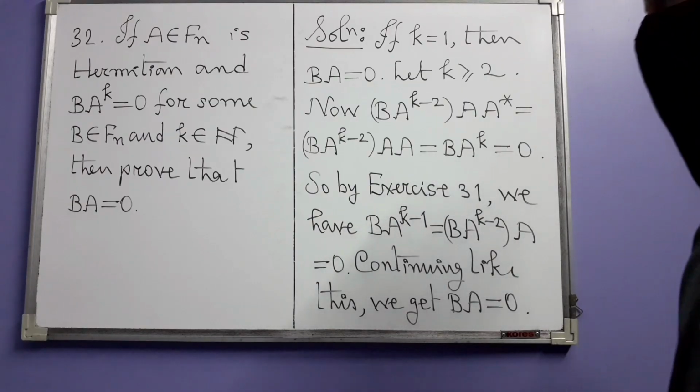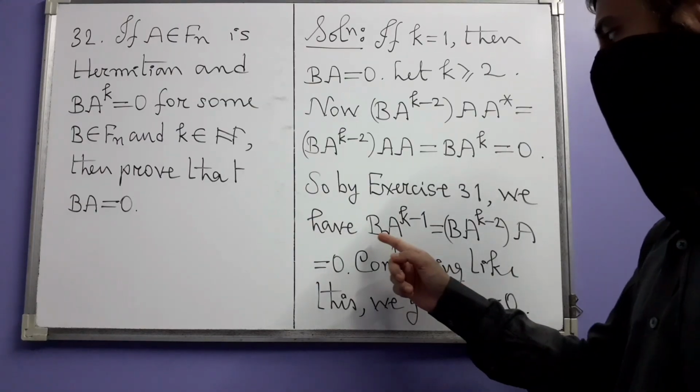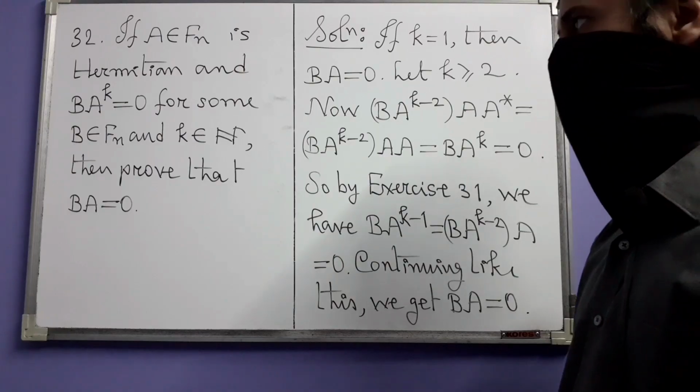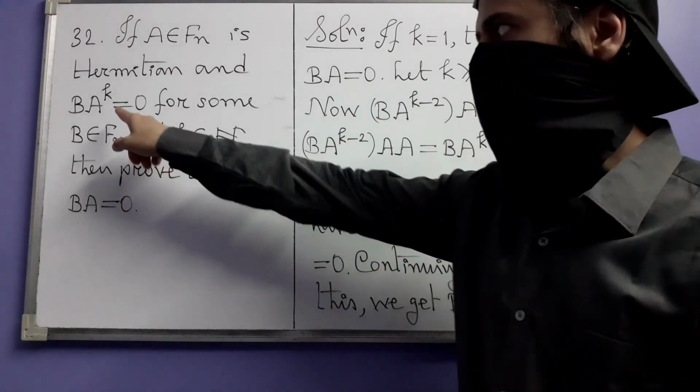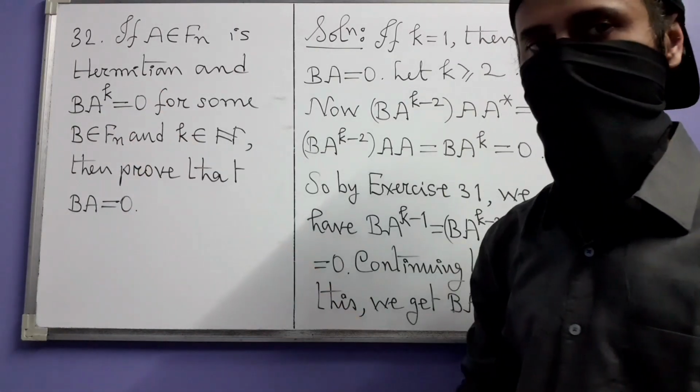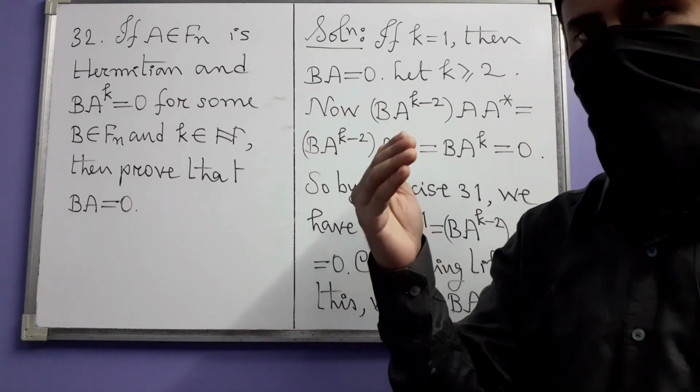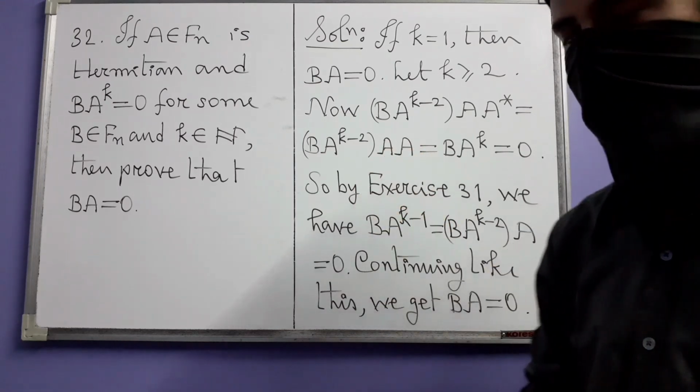And that's how you have proved that BA to the power k minus 1 is 0 using the hypothesis that BA to the power k is 0. So the exponent has been reduced by 1.